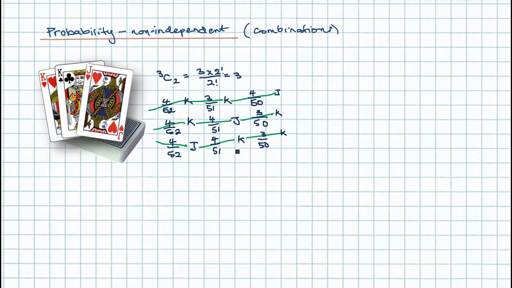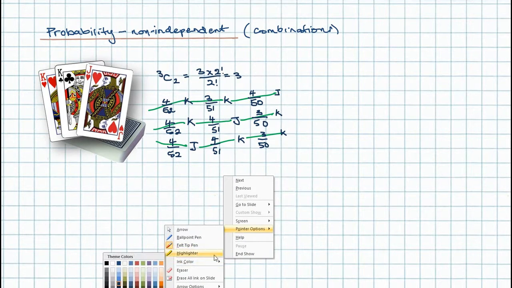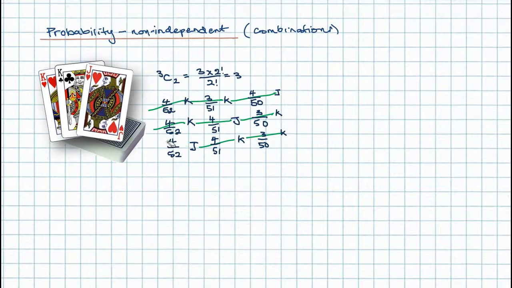So it really doesn't matter that these are different fractions, because at the end of the day, they are going to come to the same product. So if I rub these out and just think about the first branch, just as we did with independent probability, I know that for these 3 combinations, it's going to be the same.